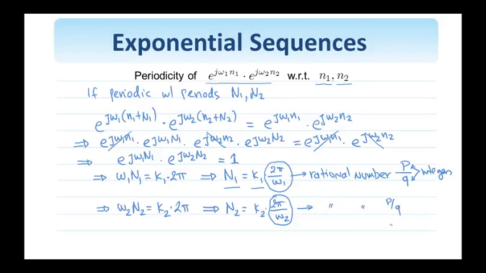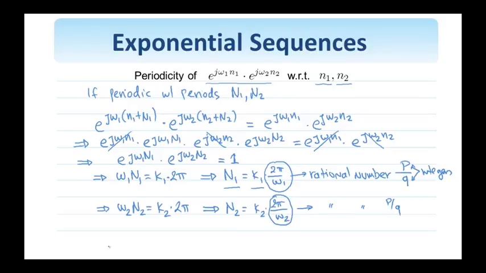So this is what the analysis tells us. As long as 2 pi over omega 1 and 2 pi over omega 2 are rational numbers, then I can always find a capital N1 and a capital N2 so that the two-dimensional complex exponential is periodic with respect to n1 and n2, right? So that's what we should keep in mind.